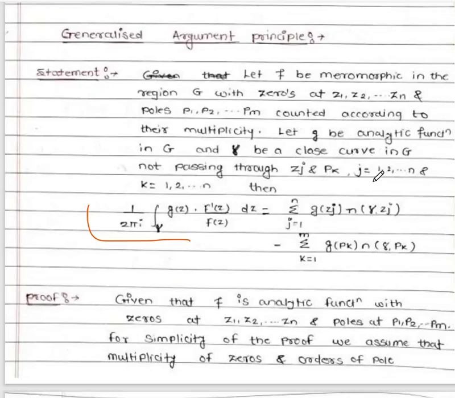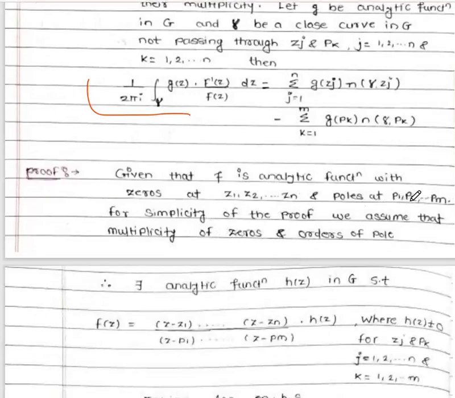So here we are given that f is a meromorphic function in the region G with zeros z1, z2, zn and poles p1, p2, pm. Now for simplicity of the proof, let us assume that the zeros and poles are of multiplicity and order one.